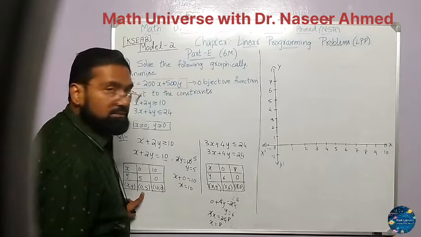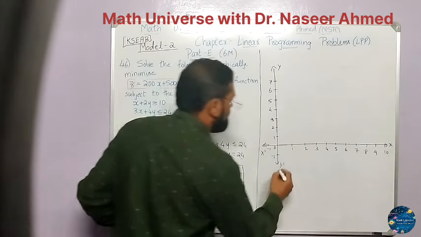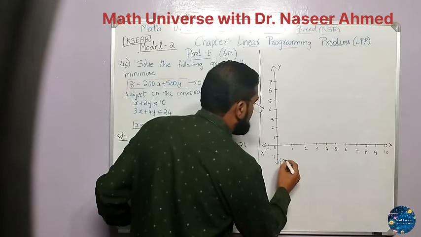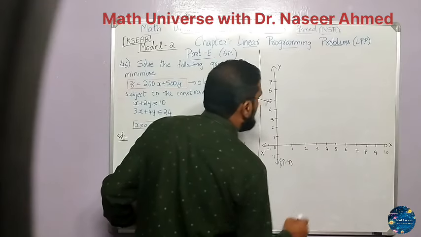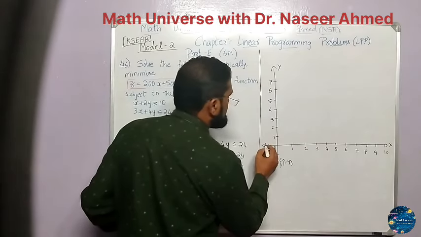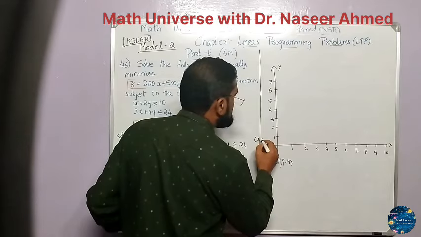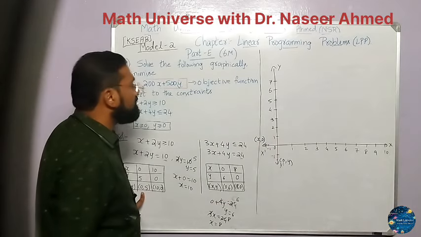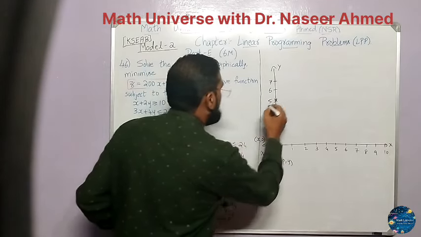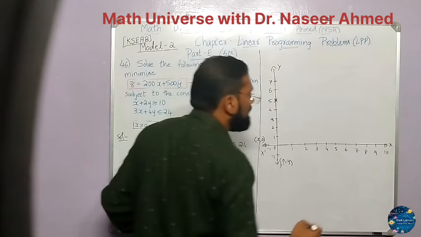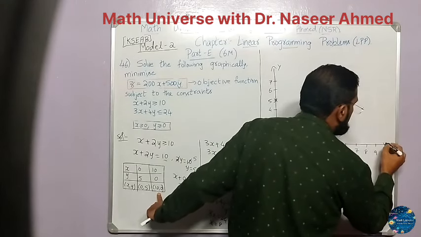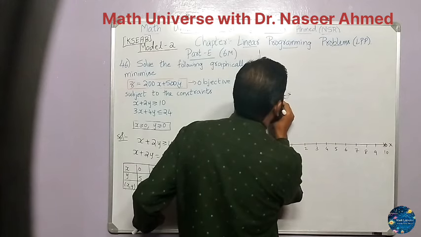Now here (0, 5), as you know, any point lying on the y-axis is of the form (0, y), and any point lying on the x-axis is of the form (x, 0). So (0, 5), it's here, and (10, 0), it is this. Let us join this.